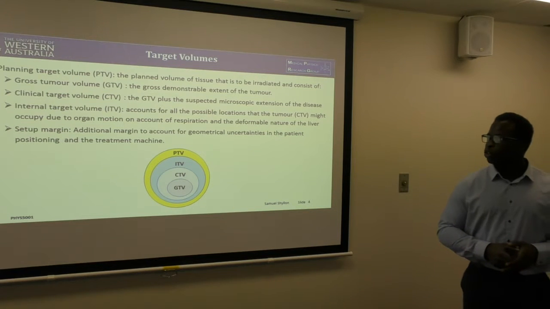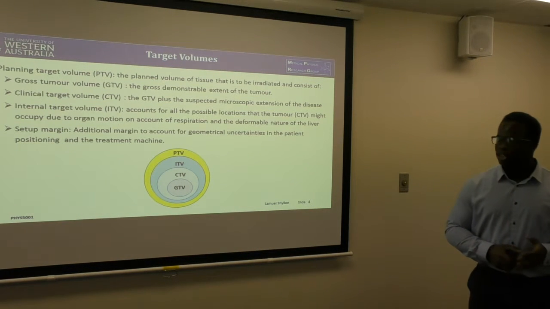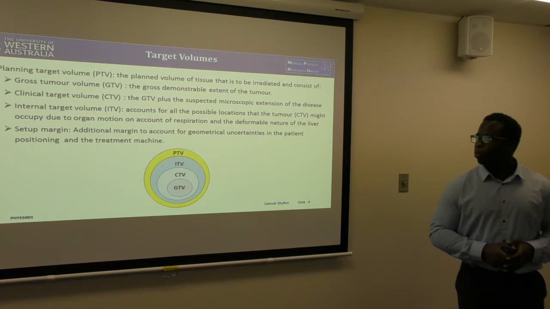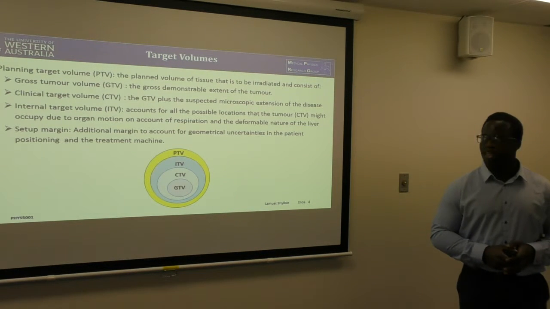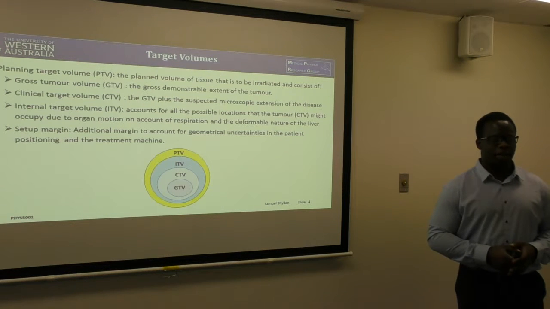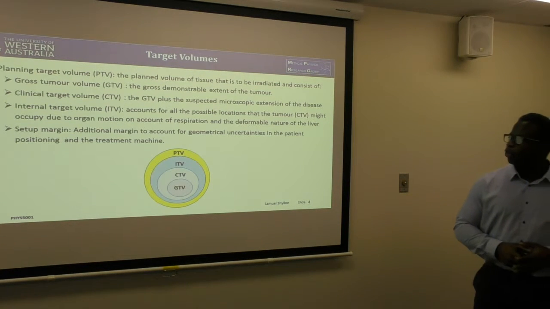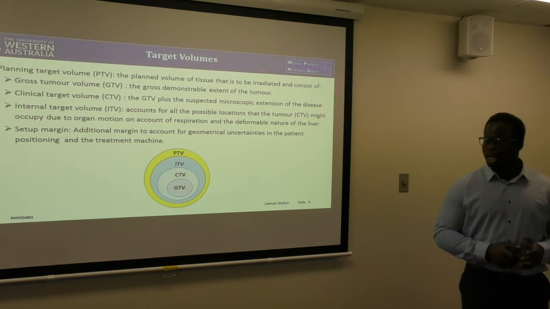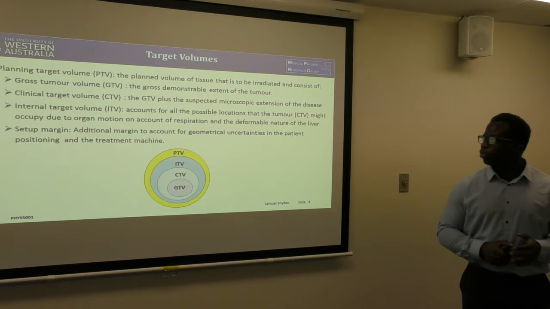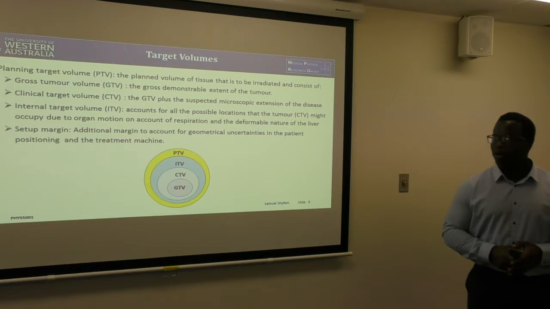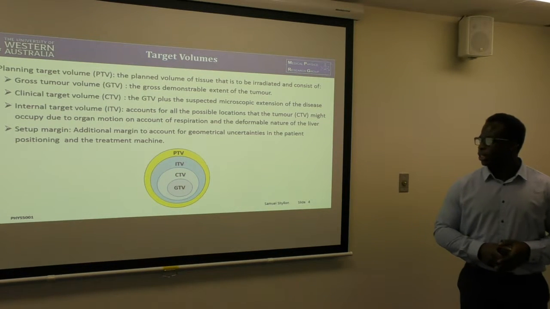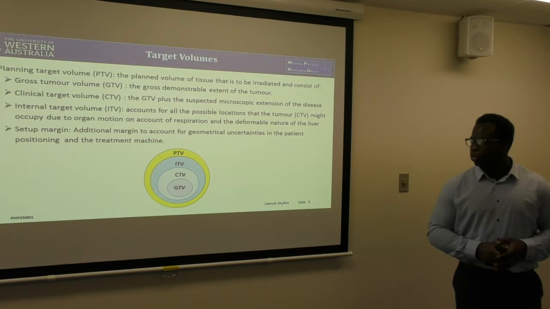It consists of a gross tumor volume, which is the gross demonstrable extent of the tumor, the clinical target volume, which is the GTV plus the suspected microscopic extension of the disease, the internal target volume, which accounts for all the possible locations that the tumor might occupy due to organ motion on account of respiration and the deformable nature of the liver, and a setup margin to account for geometrical uncertainties in patient positioning and the treatment machine.